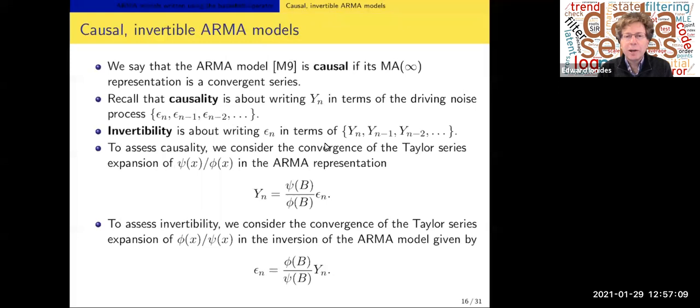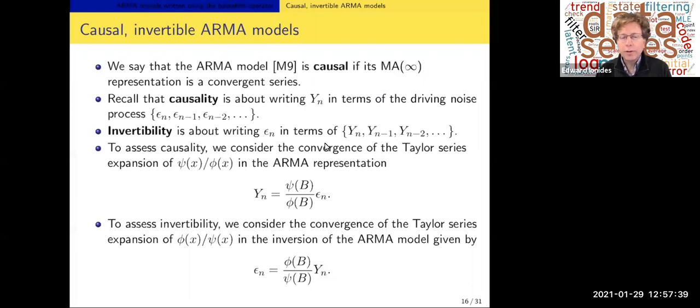And so we say that the ARMA model is causal if its MA infinity representation is causal and convergent, because if its MA infinity representation isn't convergent, then that's not really a very satisfactory representation.